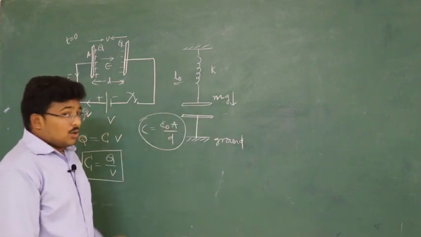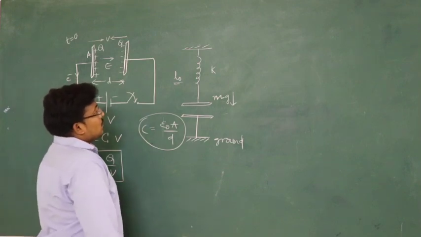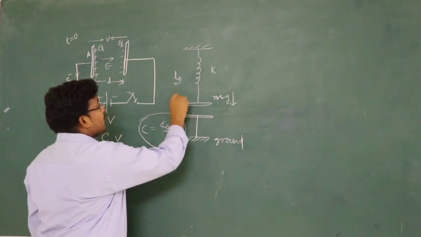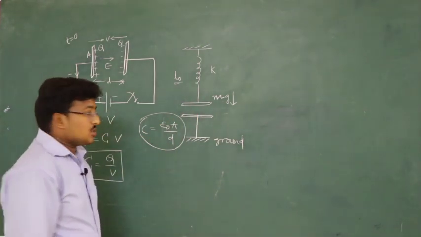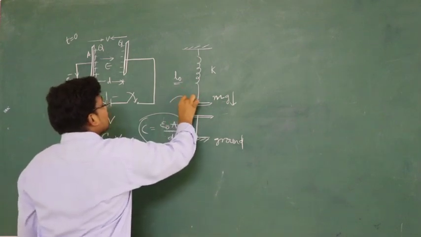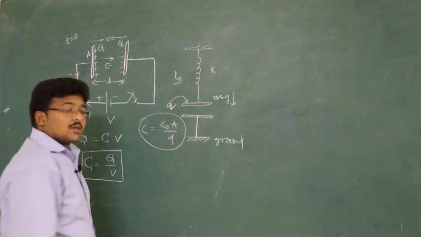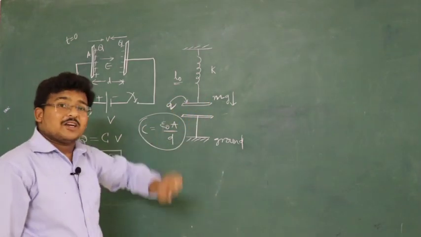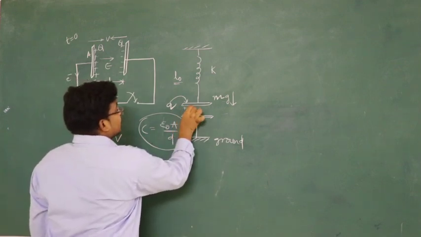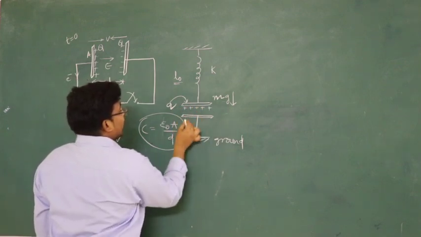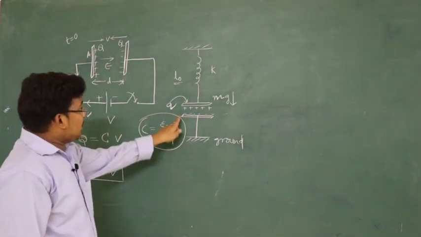Now my question is, if I give some charge Q to the parallel plate capacitor, automatically you know that plus will be stored here and minus will be stored here.